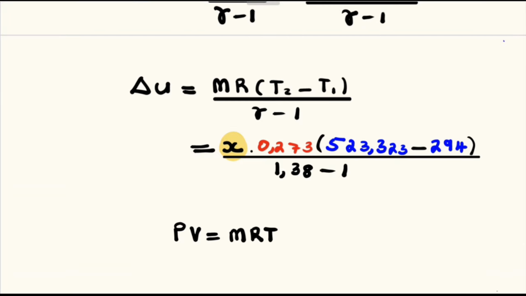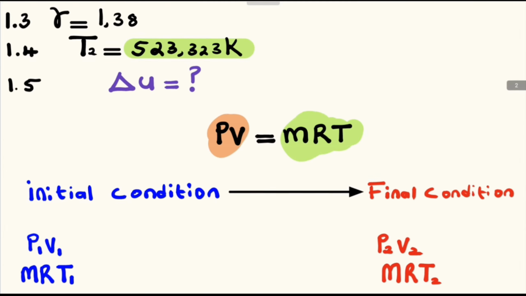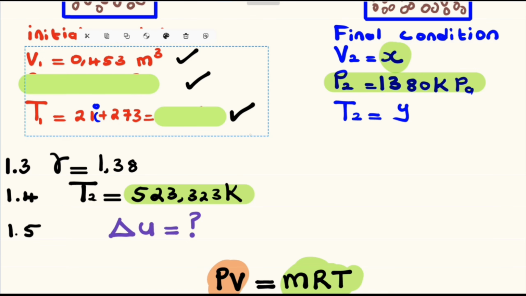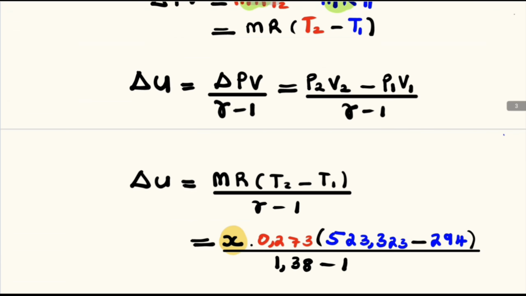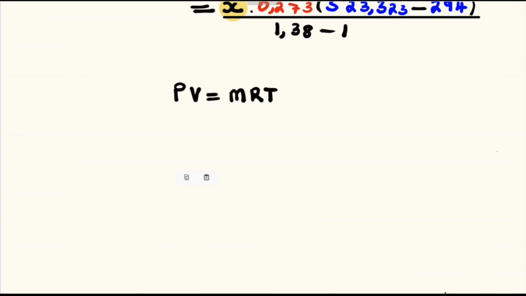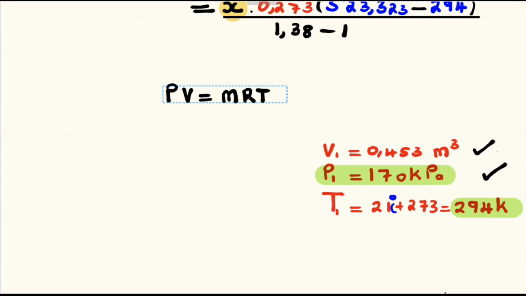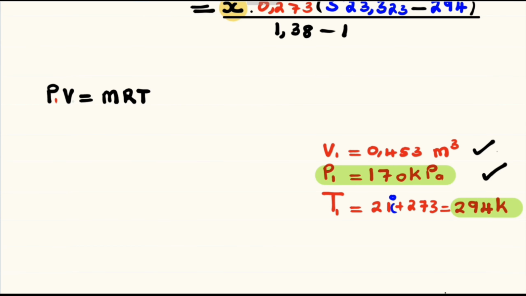And we are going to use the initial condition, since we have the volume number 1, we have pressure 1, and the temperature 1, and the gas constant. So the only missing quantity is the mass. So in the place of the P, we substitute, so this is P1 V1 and T1. We substitute 117 in the place of P1, and in V1 we substitute 0,453.